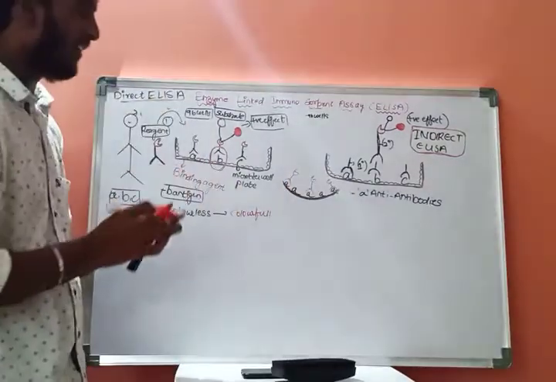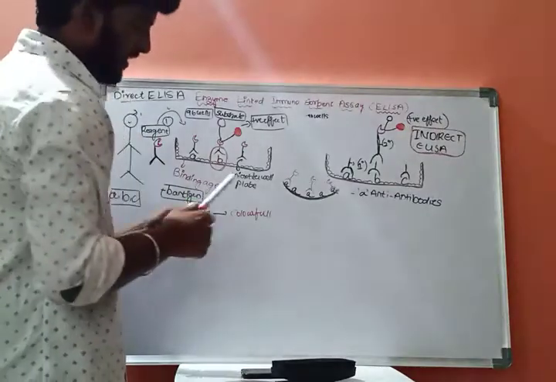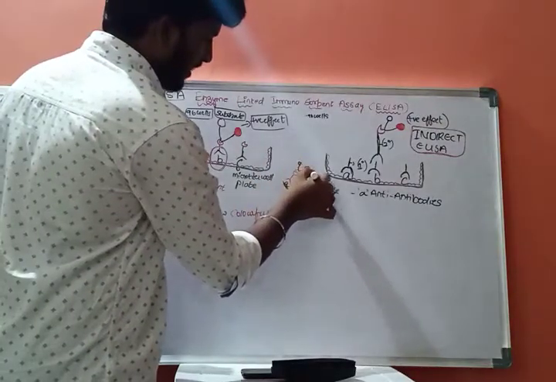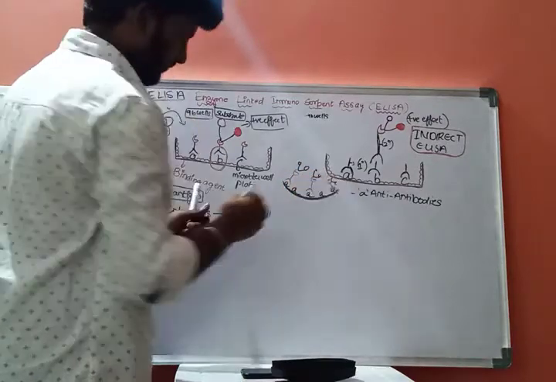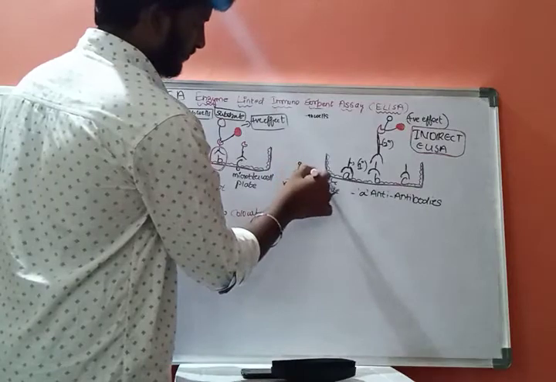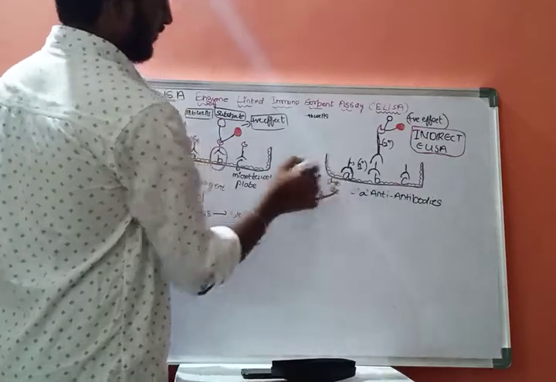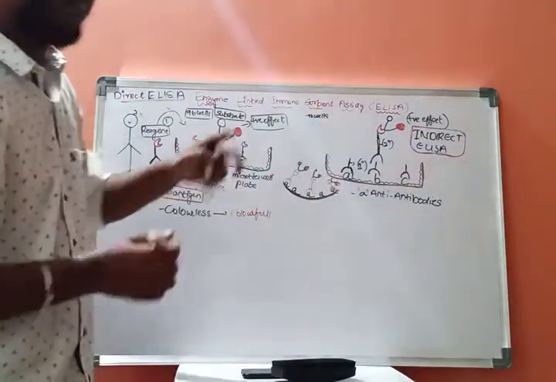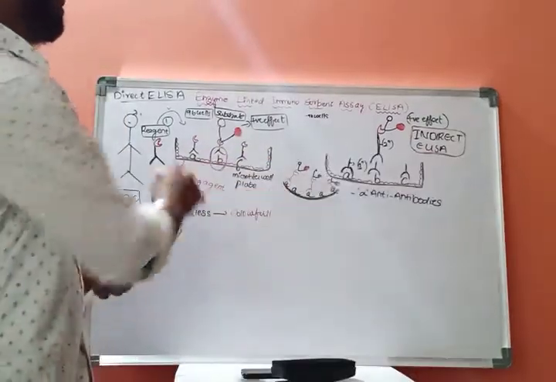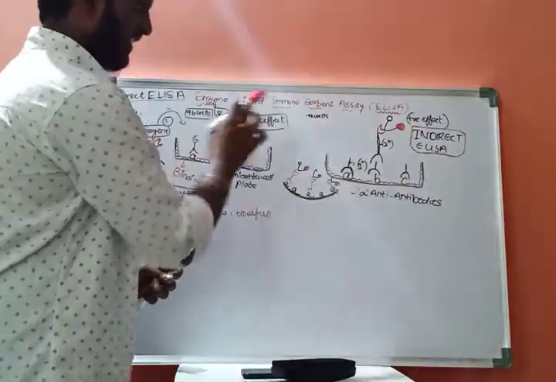These are enzyme linked, and whenever the substrate is added to this, it forms a colorful substance. Whenever the colorful substance is formed, it shows a positive effect. And this is one type of ELISA.